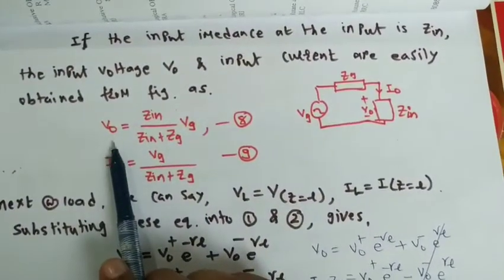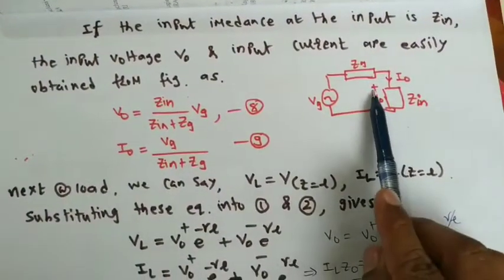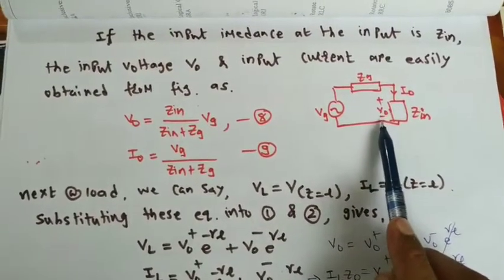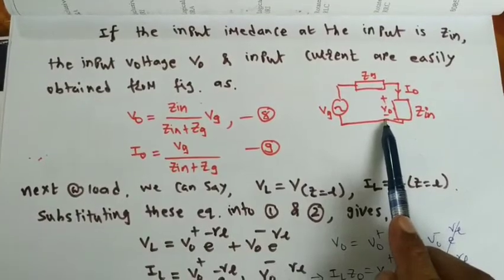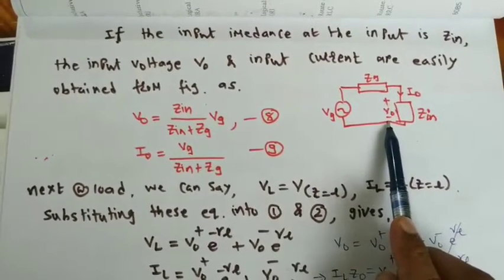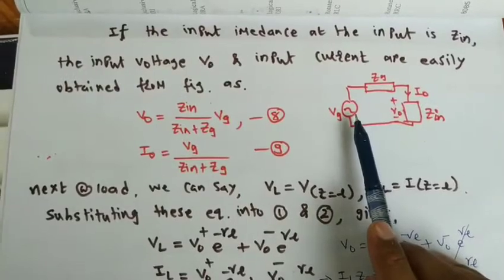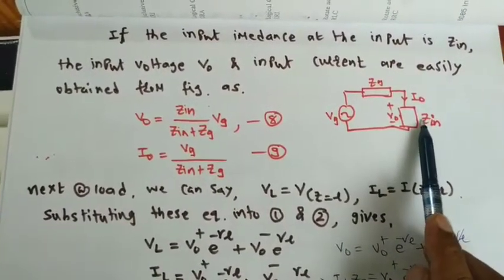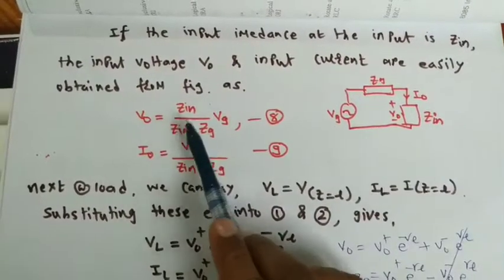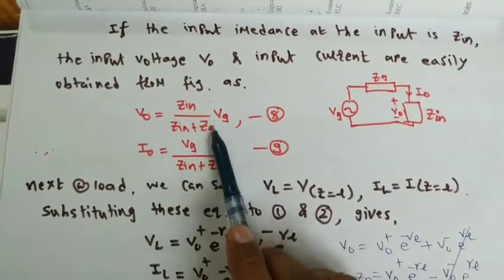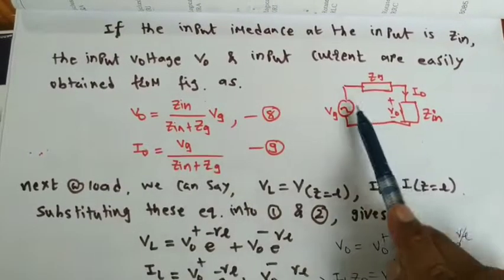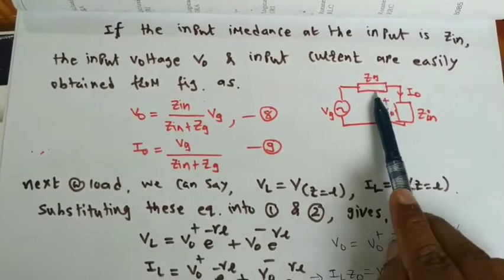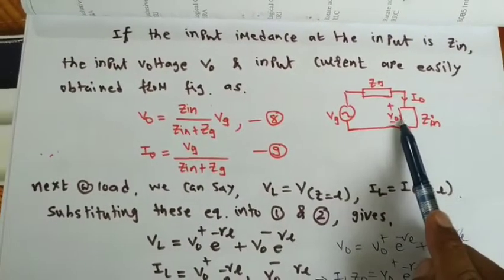V0 is the voltage established across the input impedance at the generator side, so applying the voltage divider rule, we get Zin divided by the total impedance present in the loop, which is Zg plus Zin.